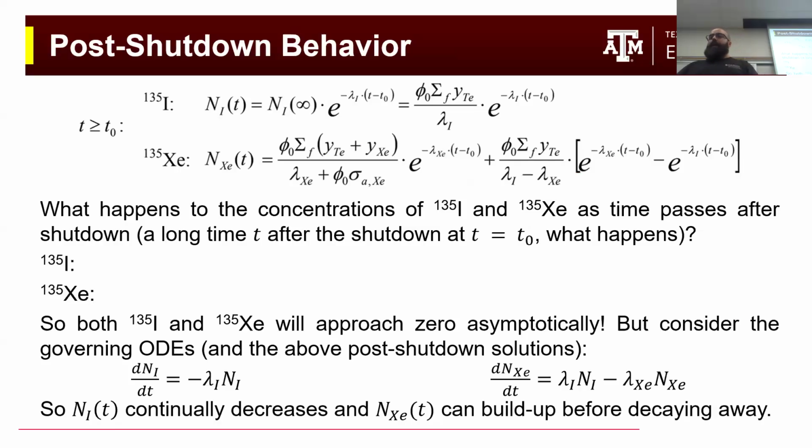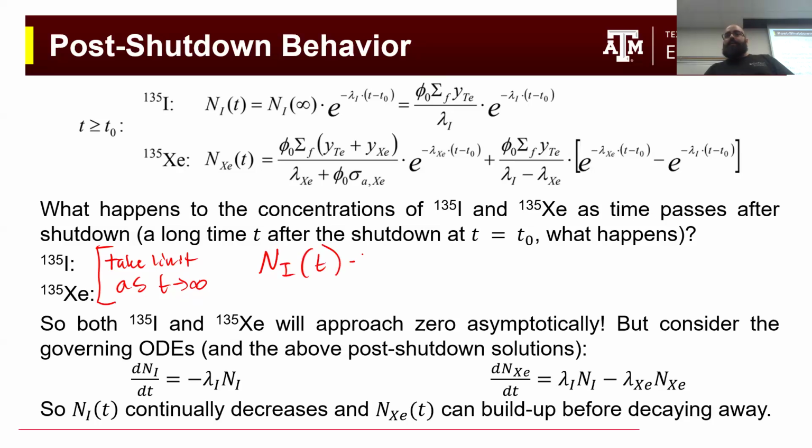So we're taking the limit as t goes to infinity for both of these. And we're going to see that my iodine function is going to approach a certain value, and that the xenon function is going to approach a certain value.